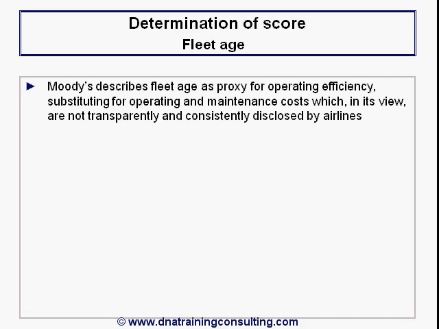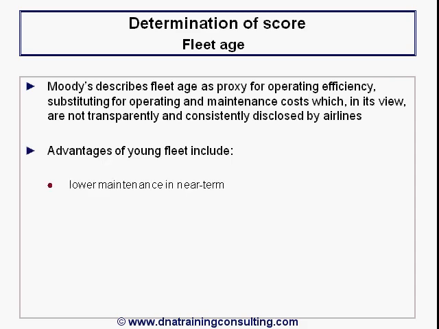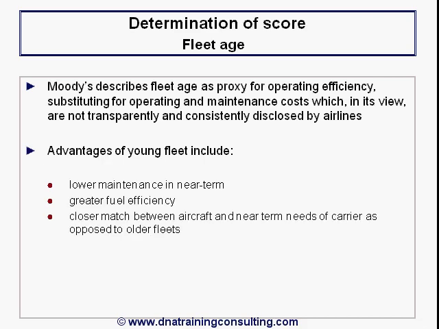The advantages of a young fleet include lower maintenance in the near term, covered by the manufacturer warranty in some instances, greater fuel efficiency, and a closer match between the aircraft and the near-term needs of the carrier as opposed to older fleets.